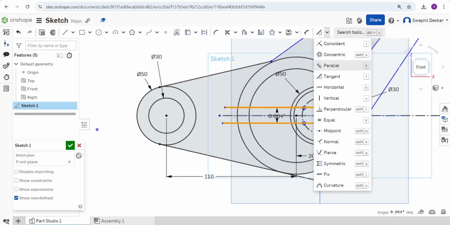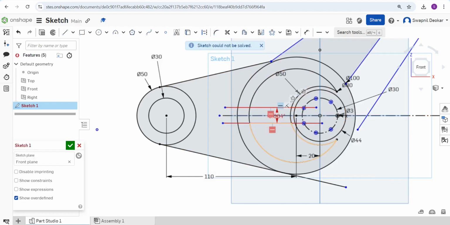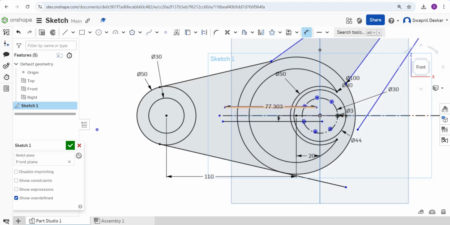Make it horizontal. The dimension from this to this is 5, and from this portion to this portion the dimension is also 5.